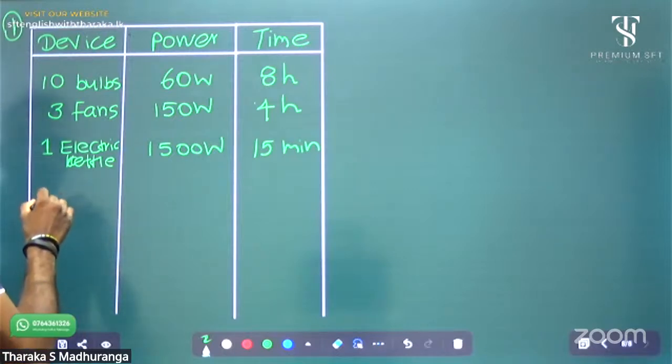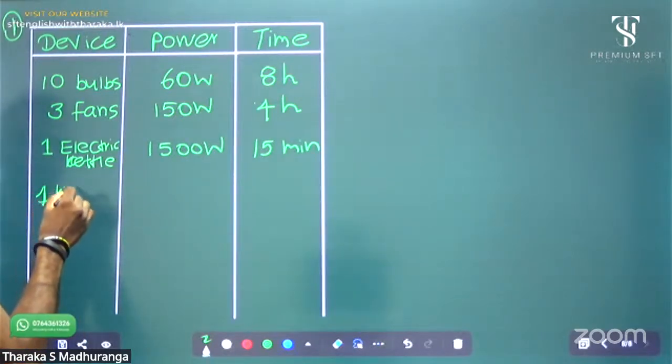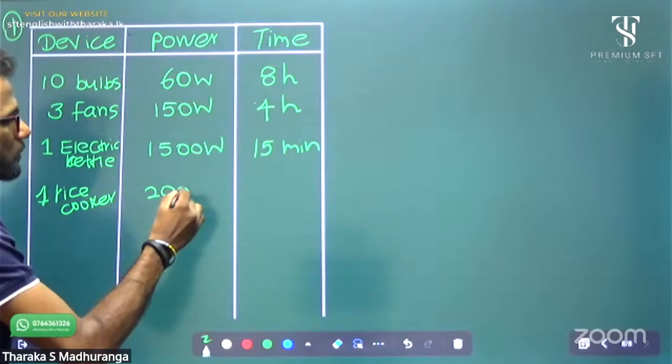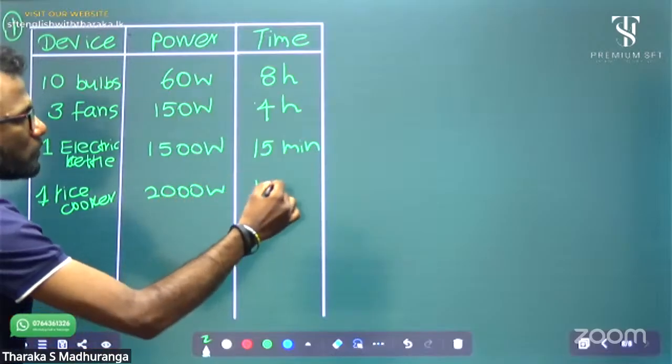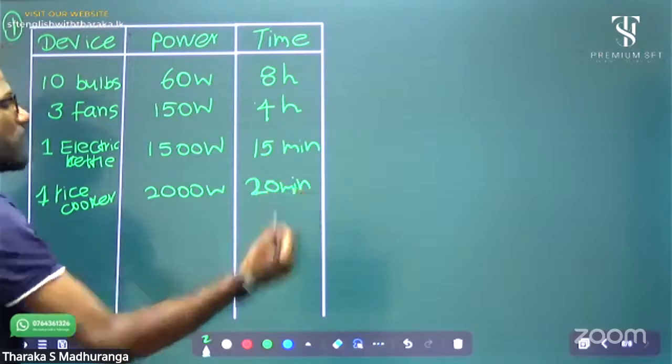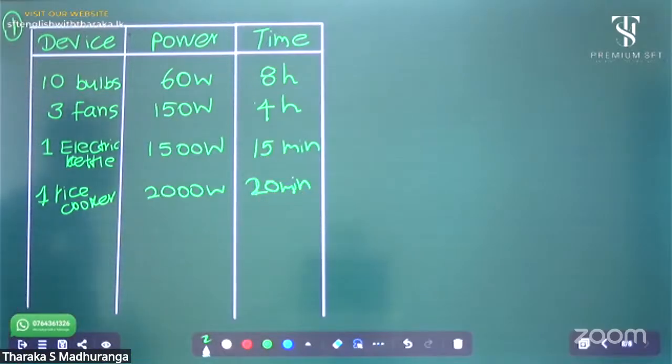And one rice cooker, 2000 watt. That's only used for 20 minutes per day.